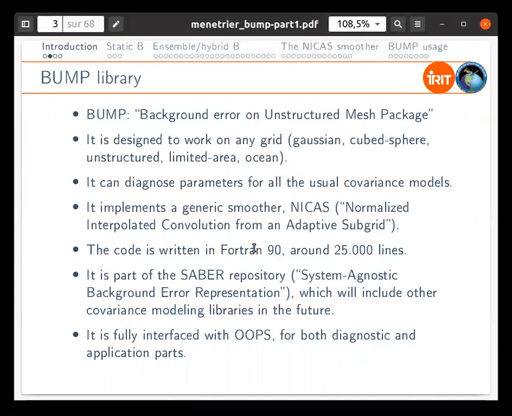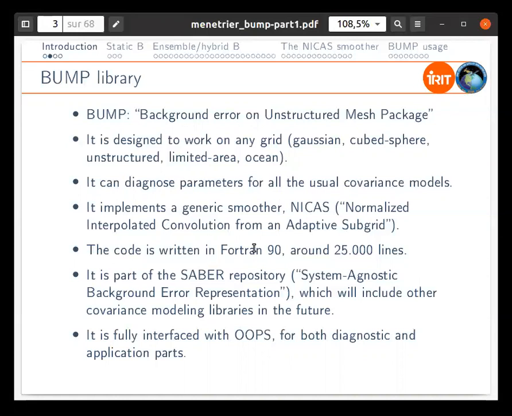BUMP includes its own smoother that is called NICAS, for normalized interpolated convolution from an adaptive subgrid. Basically the code is written in Fortran 90, even if Yannick would like to change that. And it has about 25,000 lines. Recently, last year actually, BUMP has been included in a common repository called Sabre for system agnostic background error representation.